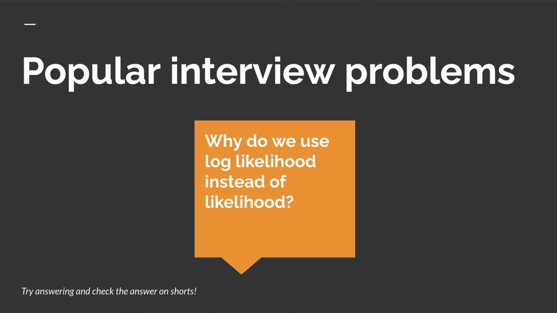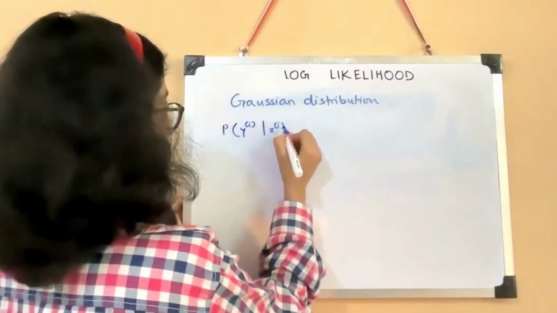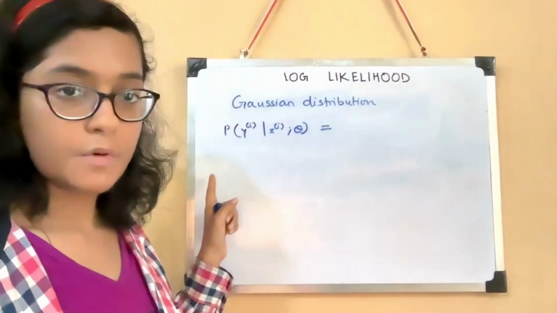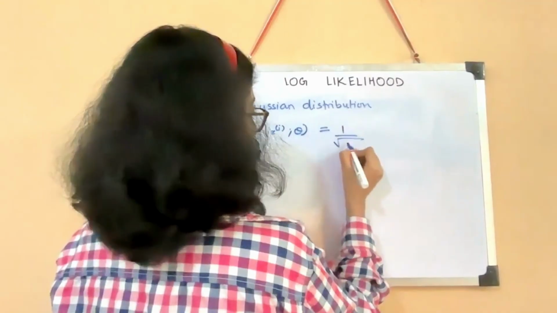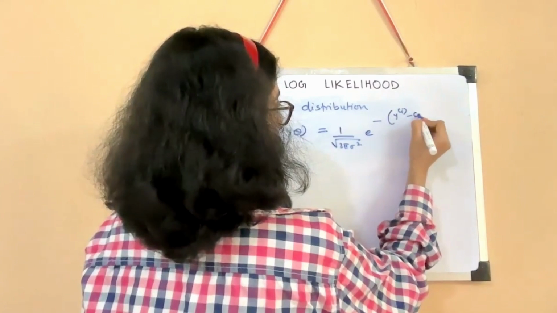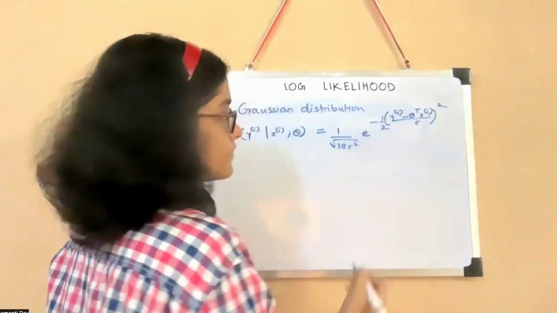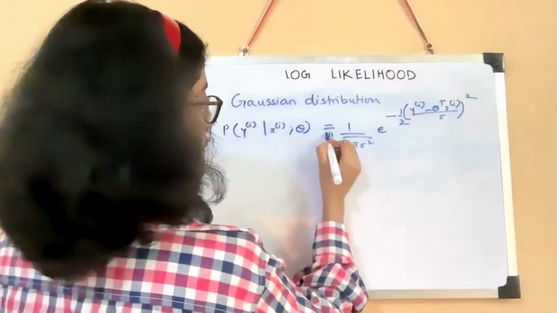It's easier to differentiate when it's in the log format, and also the variables are easier to deal with. So this one would be P, probability of yi given xi parameterized by theta, which I just said. And this would be for all the data points. M is the number of data points.